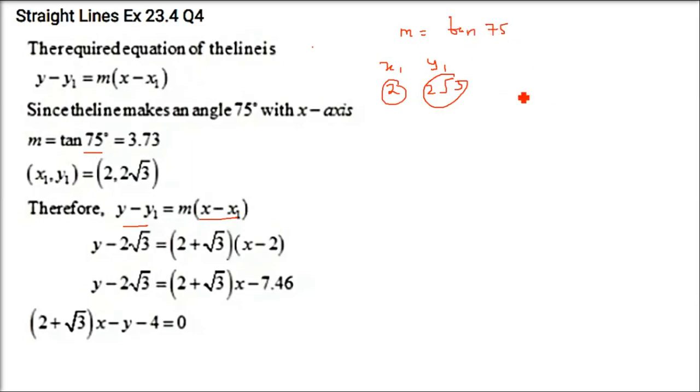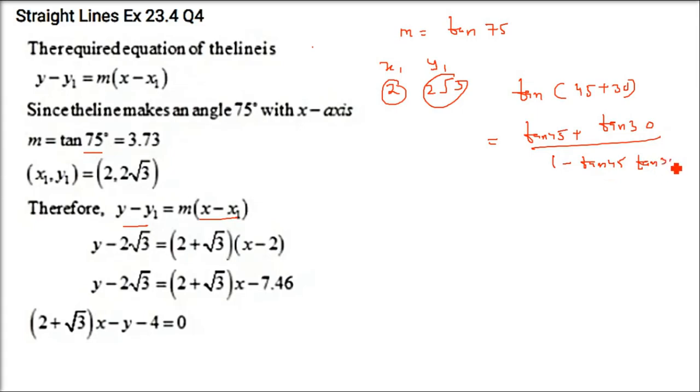Now coming to m, which is tan 75 degrees. So what does it mean, tan 75? We'll write this as tan(45 plus 30). We know the formula, tan a plus tan b by 1 minus tan a tan b.